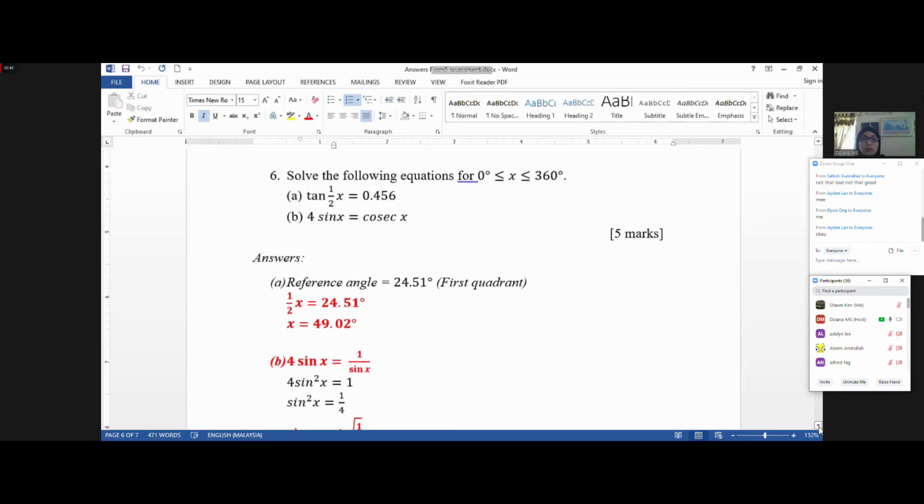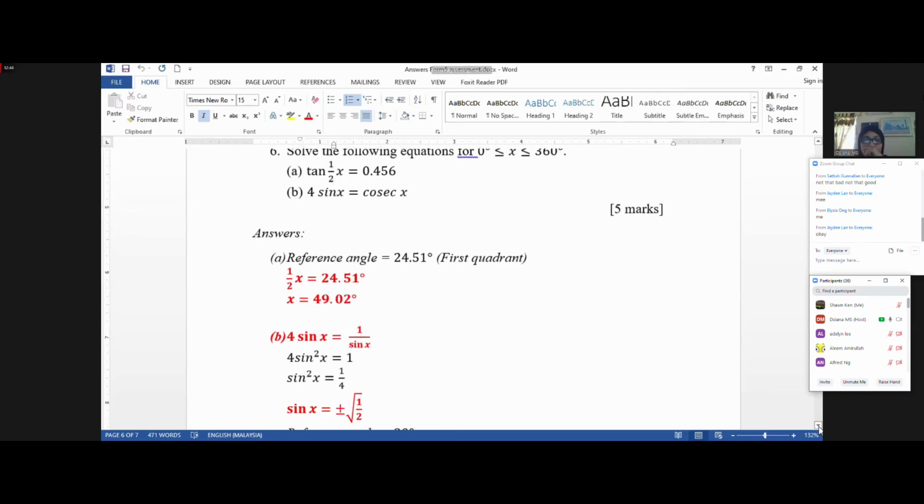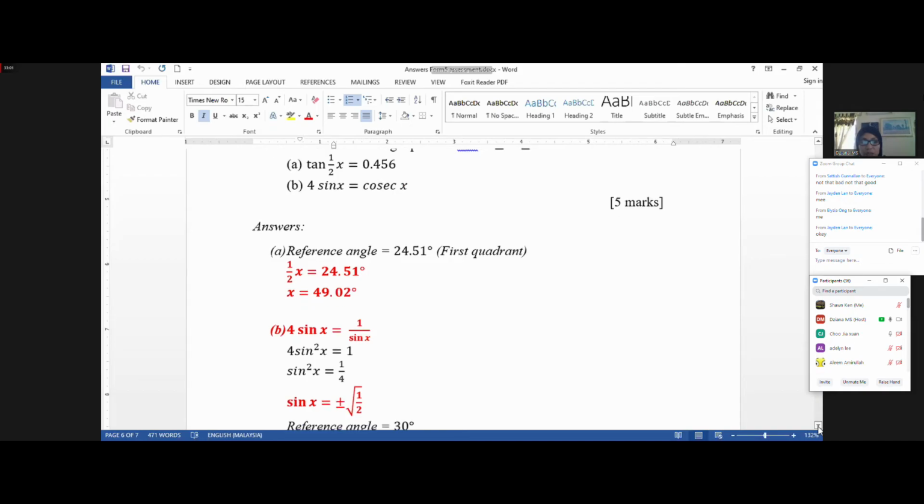And for this part, square root, remember square root must have plus minus. It is very significant in trigonometric function because that will determine the quadrant. So plus and minus, meaning that take all the 4 quadrant. So the basic angle is 30.